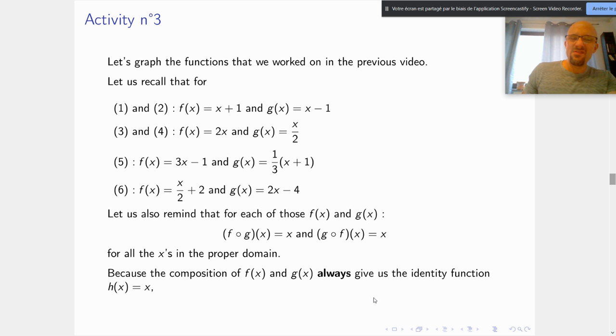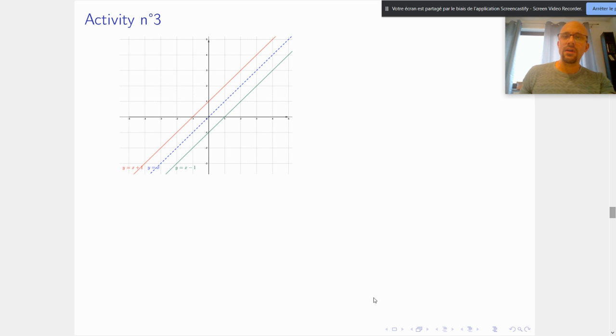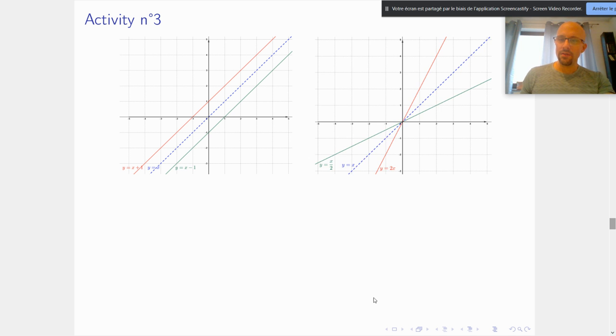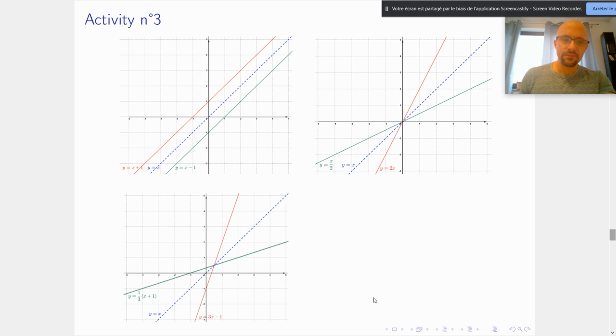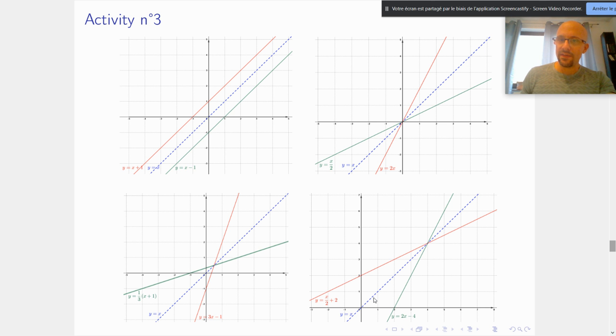For the first two functions f and g, we have this construction. For the second one, 2x and x divided by 2. For the third one, 1/3 x plus 1 and 3x minus 1. And x divided by 2 plus 2 and 2x minus 4.